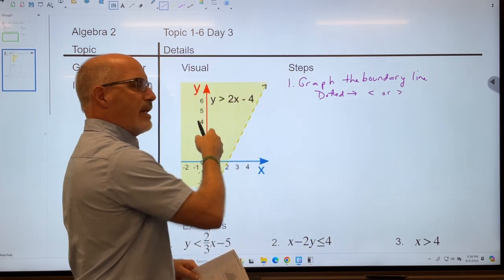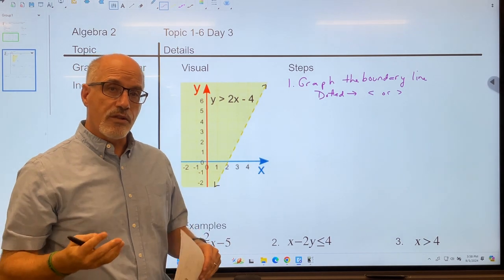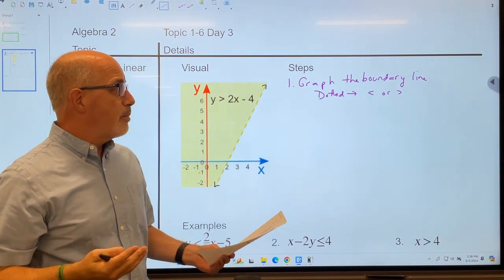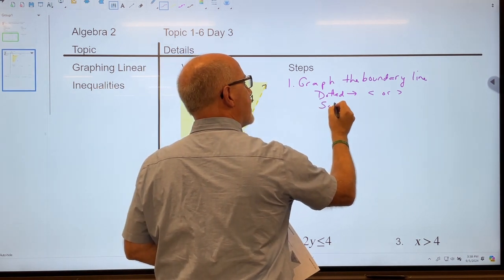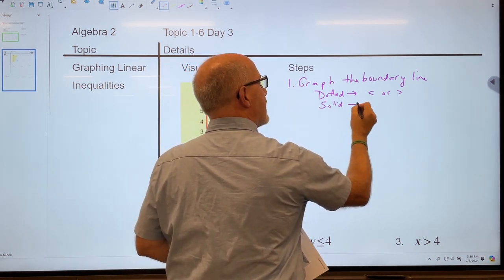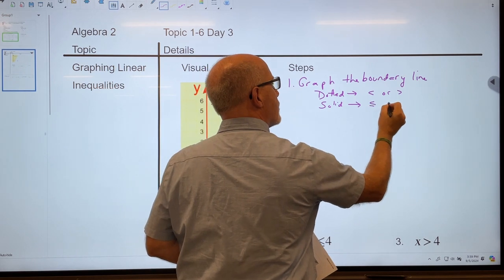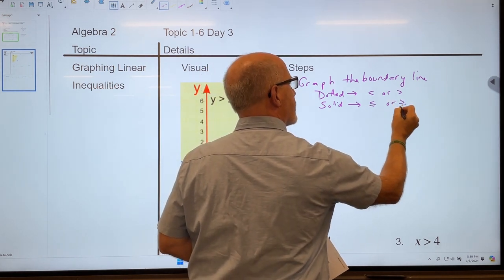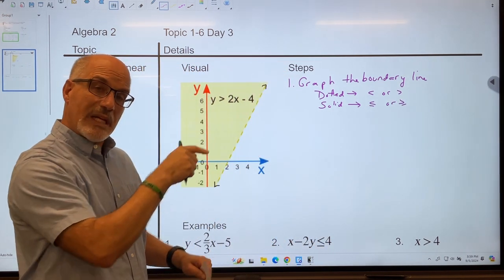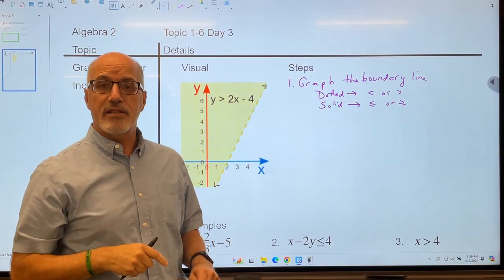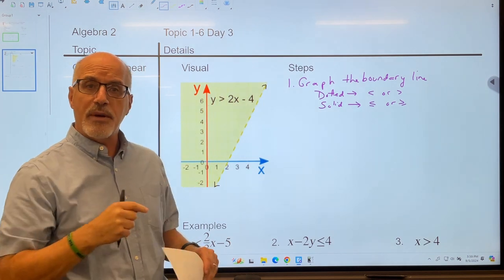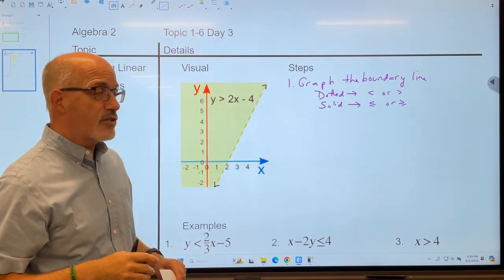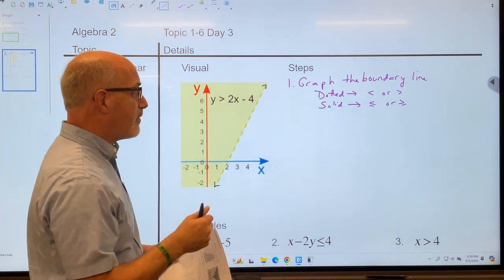The ones that don't have the "or equal to" don't include the boundary line, so you would put a dotted line for that. It would be a solid line if it's a less than or equal to or a greater than or equal to, because those include the boundary line in the solution. Every ordered pair on the boundary line is part of the answer to that inequality.